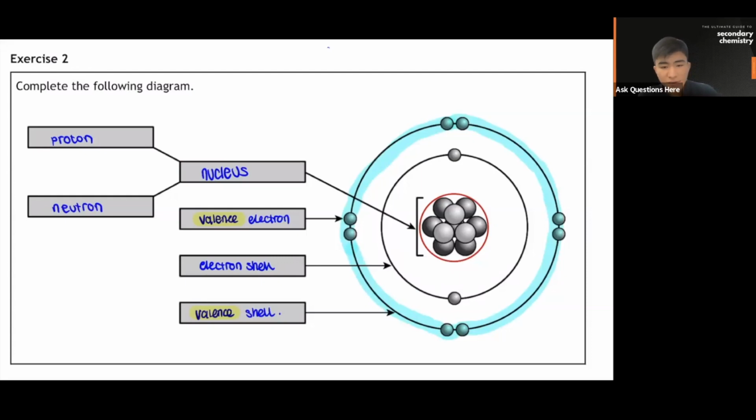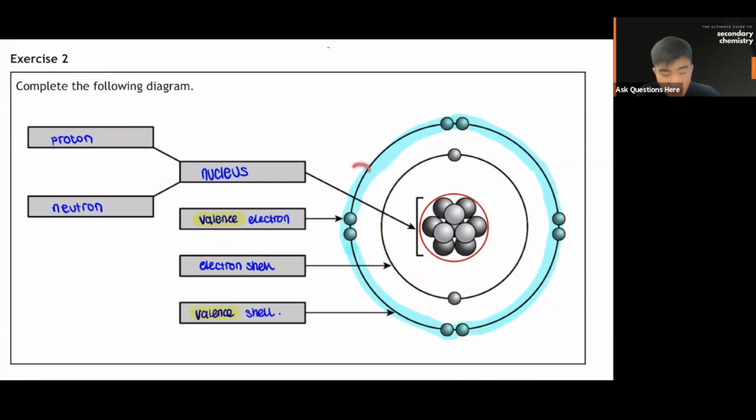Okay, so you can see over here that in this particular figure, there's a nucleus. Nucleus is over here. In the nucleus, there's protons and neutrons as mentioned. And you can see that outside of the nucleus, there are different shells, right? Different shells. So the shell that is inside is known as the electron shell.